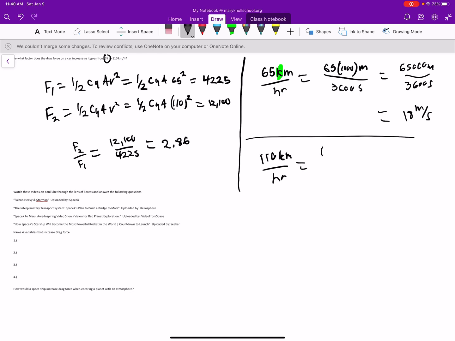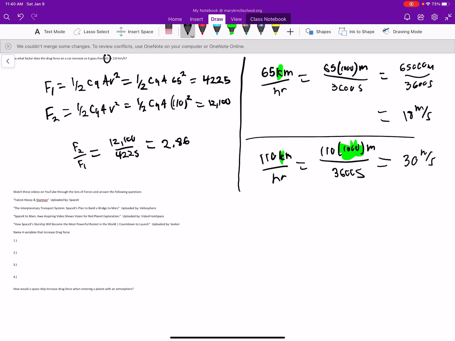It's going to be 110 multiplied by 1,000, again because this K represents 1,000, over 3,600 seconds. And we get 30 meters per second.